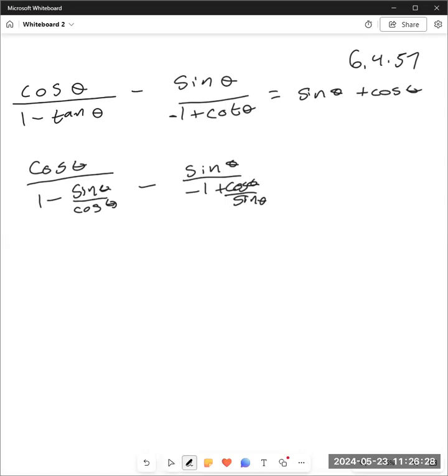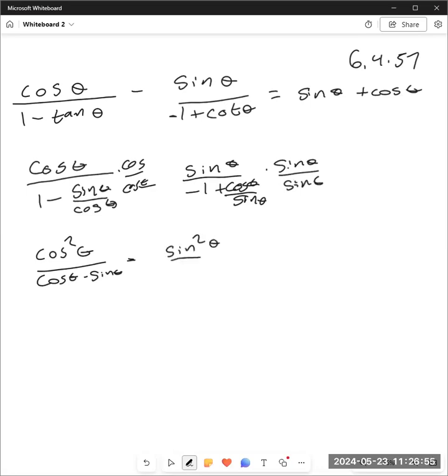And then we're going to multiply here by cosine over cosine. And we're going to get cosine squared over cosine theta minus sine theta. Then we're going to have minus, and we're going to multiply here by sine over sine. That's going to give us minus sine squared theta over, and this is also going to be cosine theta minus sine theta, but they're going to write it as negative sine theta plus cosine theta.